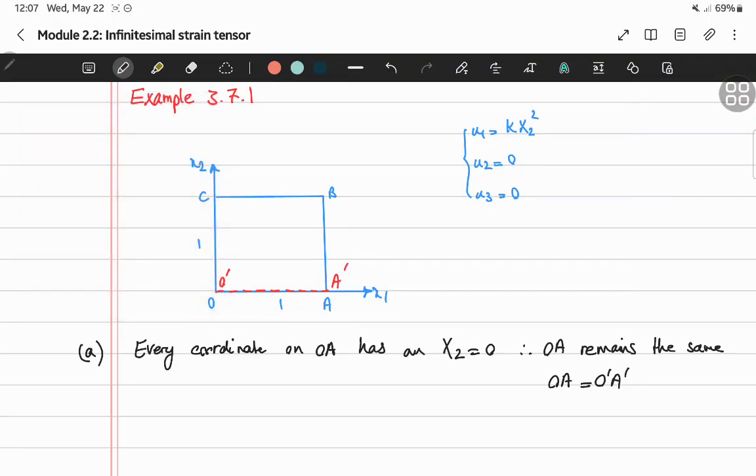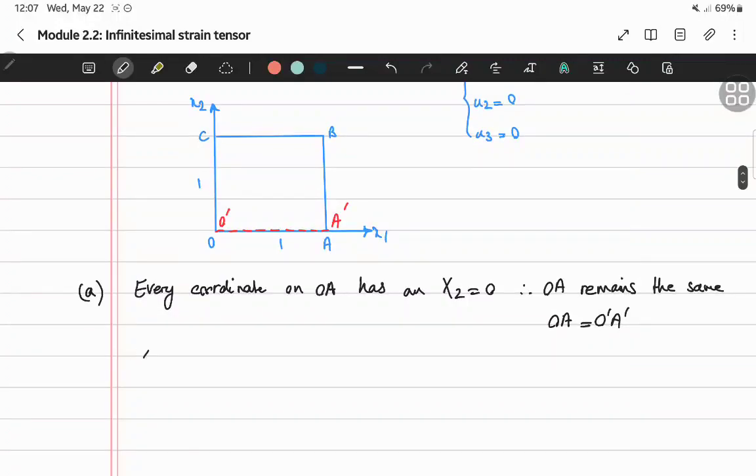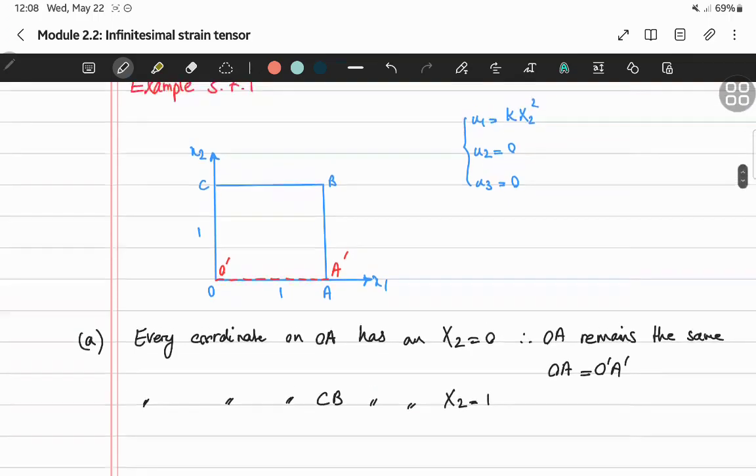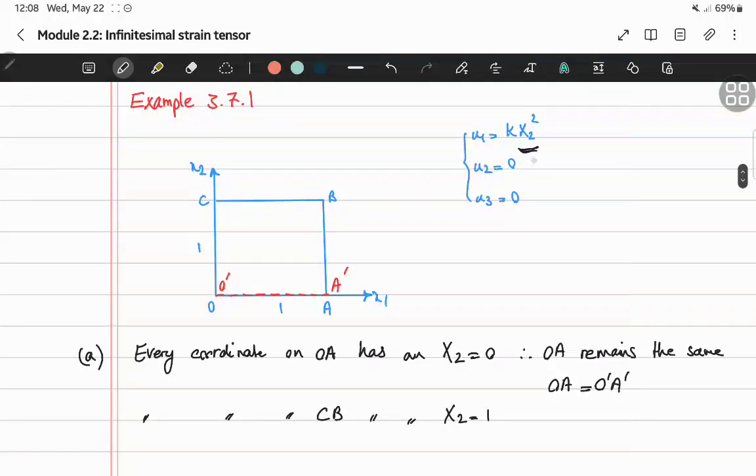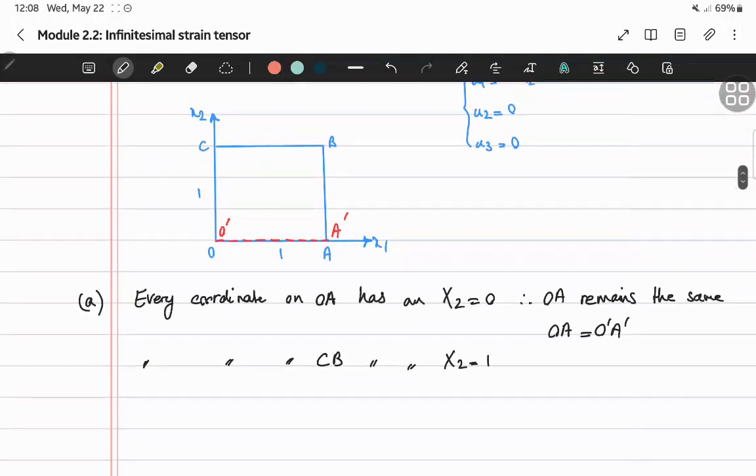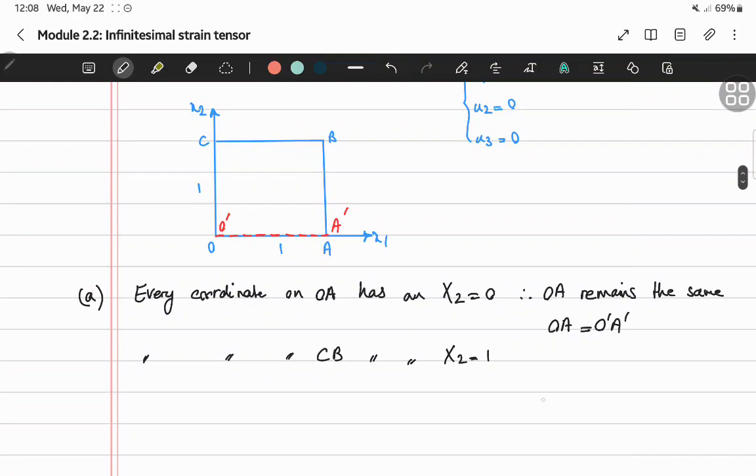And similarly, if I do this for CB, every coordinate on CB has an x2 equal to 1. So if x2 is equal to 1, let me write it here this way.